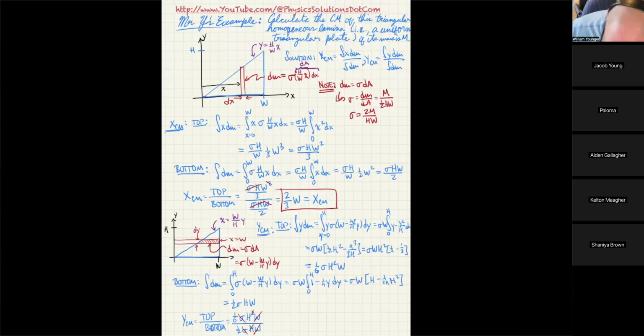So 2/6 is 1/3, and we're going to in fact get 1/3 h, which again is 1/3 of the way from the wide, from the thick part of the triangle, which is the bottom, up to the narrow part of the triangle, which is y equals h. So in this case, we've got the y center of mass is 1/3 h. Any questions on that?